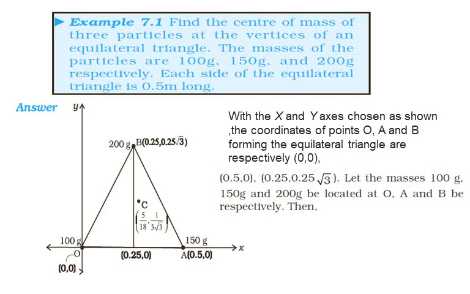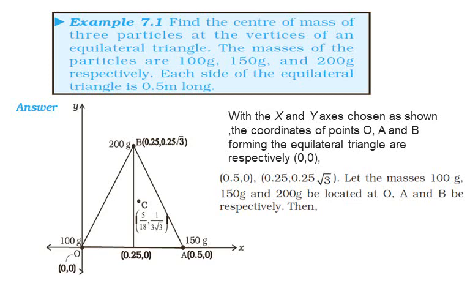Now let's solve a numerical problem. It's your NCERT 7.1 example. Find the center of mass of three particles at the vertices of an equilateral triangle whose masses are given and the side is 0.5 meter long.